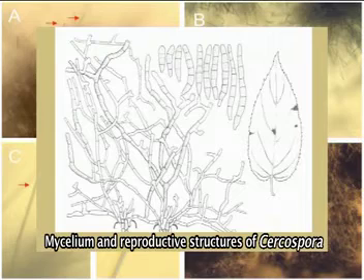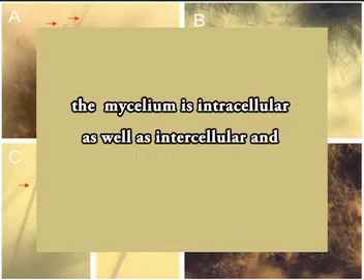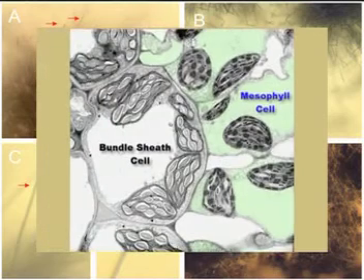When they grow intercellularly, they form lobed haustoria. In case of Cercospora arachidicola, the mycelium is intracellular as well as intercellular and lacks haustoria. In case of Cercospora personata, mycelium is totally internal and intercellular, which sends branched haustoria into palisade and mesophyll cells.